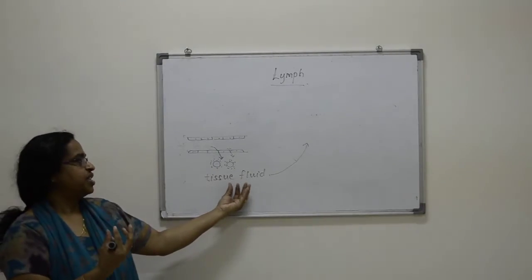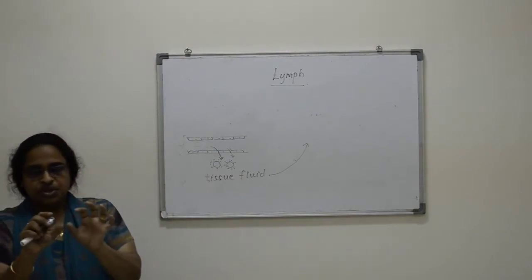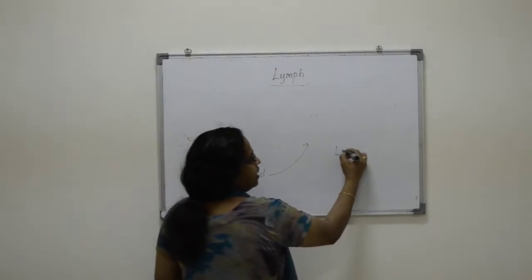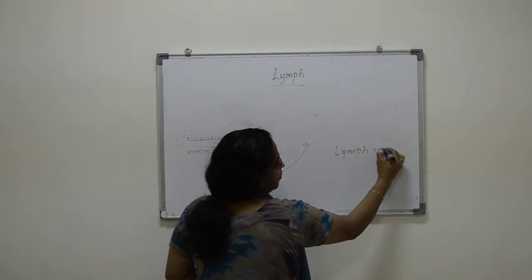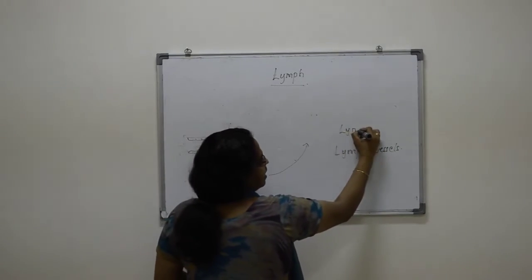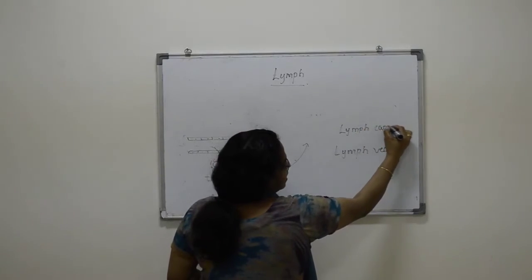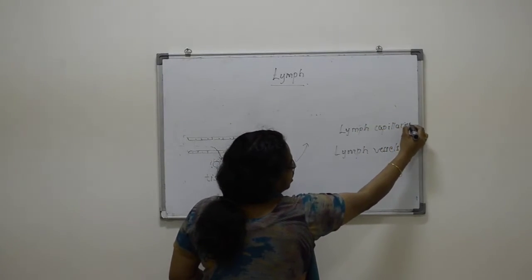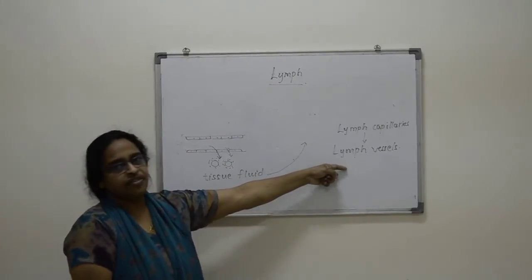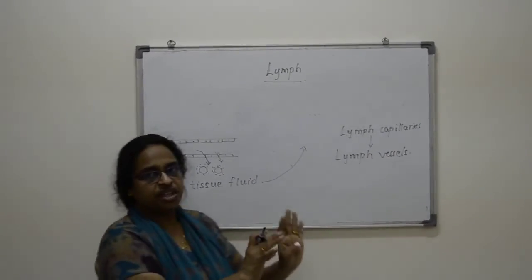But some part of the tissue fluid will go to another kind of vessels, known as lymph vessels. First it will go to some capillaries, which we can call lymph capillaries. And lymph capillaries join together making lymph vessels, and then finally it will be drained into the veins.